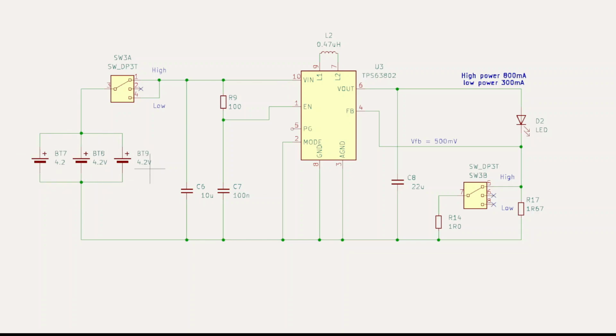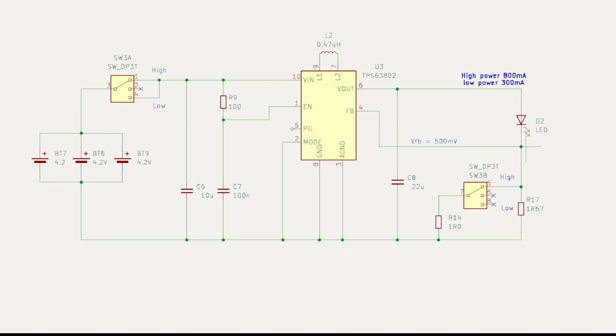I got 3 batteries because originally I thought that the LED was running off 12 volts, so we're going to stick them in parallel, give us a nice current supply, and then this will boost the voltage to 3 volts when the batteries are lower, and it will buck down the voltage when of course the voltage is above the 3 volts the LED needs.